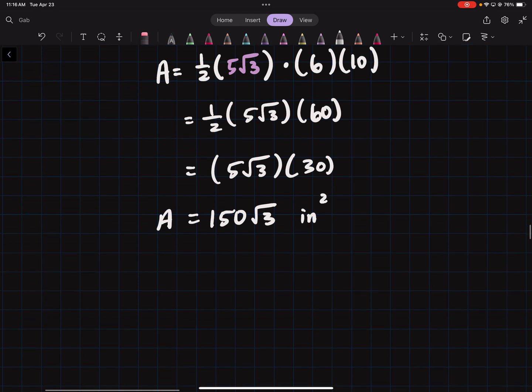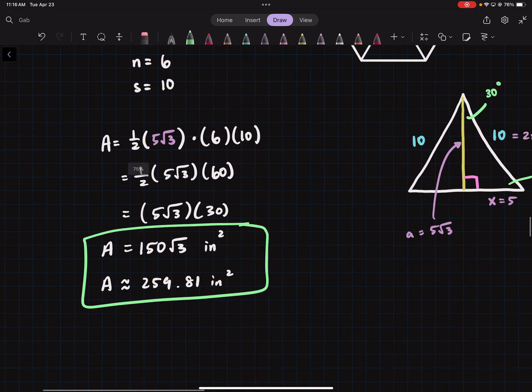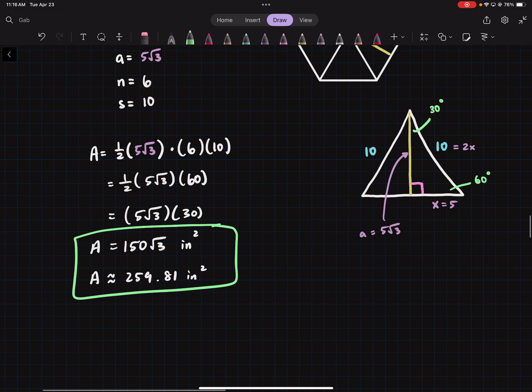But also throw it into the calculator to see what that is. Okay, this is everything.